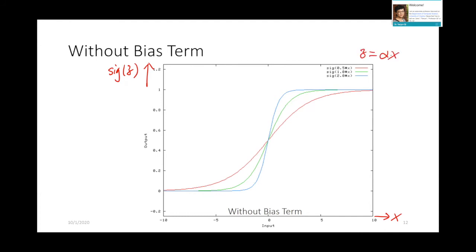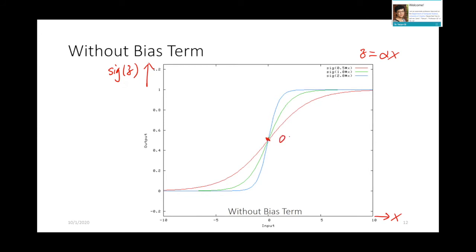No matter what alpha you learn, at x equal to 0, the sigmoid of z is always at this point, 0.5.